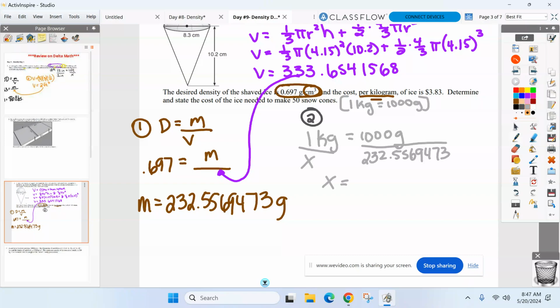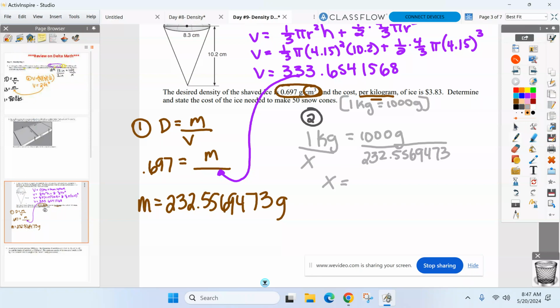All right, let's find out how many kilograms there are. Cross multiply, you guys see I end up dividing by 1,000, right?